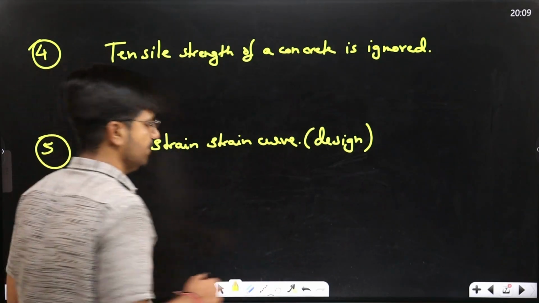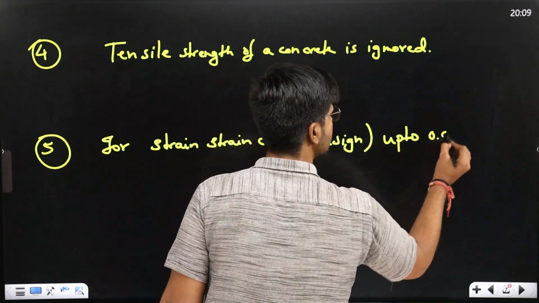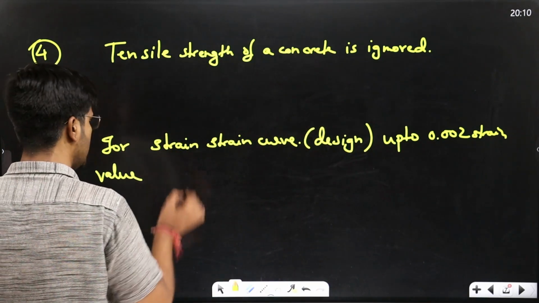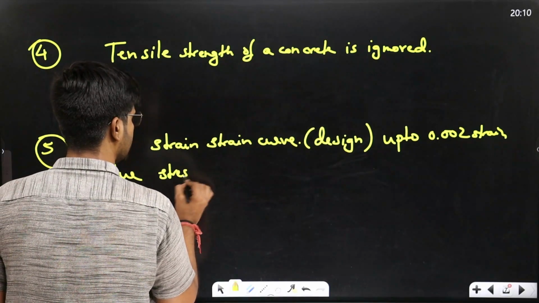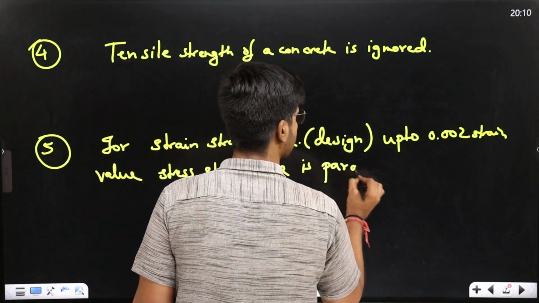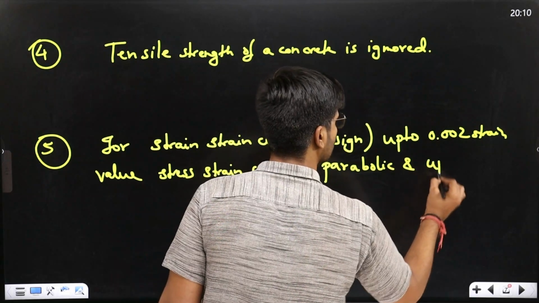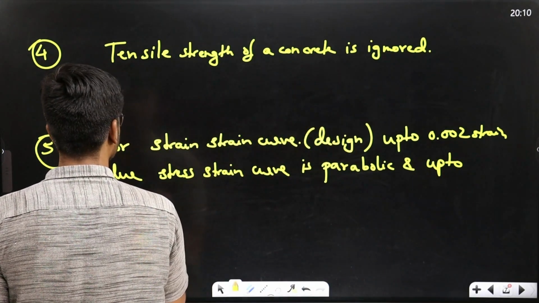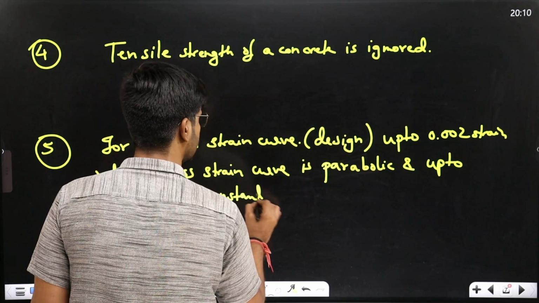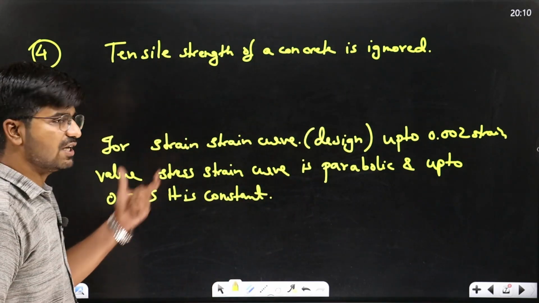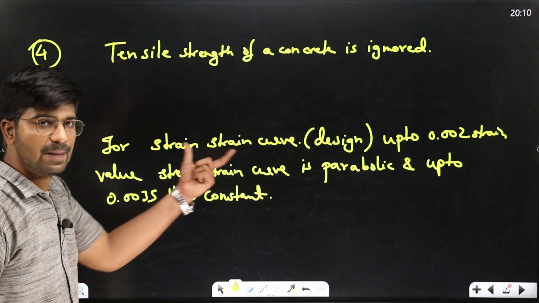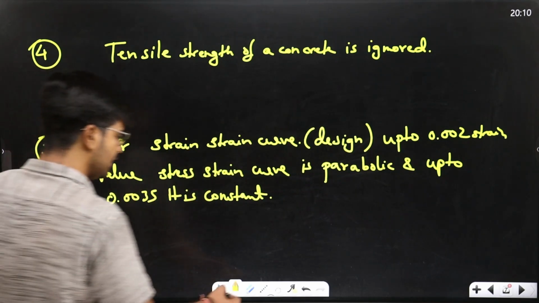For the design stress strain curve, up to 0.002 strain value, the stress strain curve is parabolic, and up to 0.0035 it is constant.